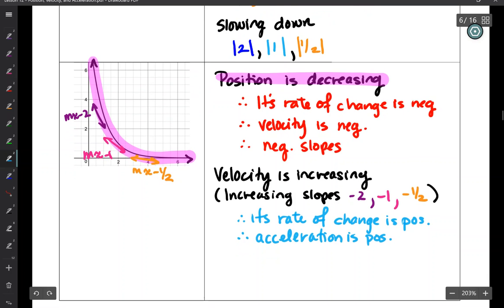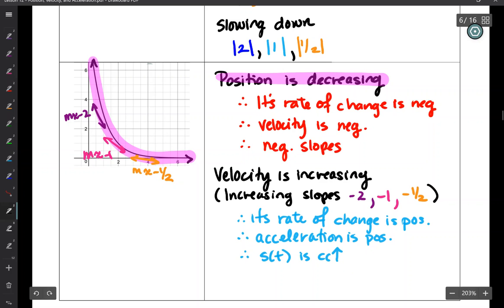And I can see that acceleration is positive here geometrically because my position function is concave up. If it rained on this shape, water would stay on it. Concave up.